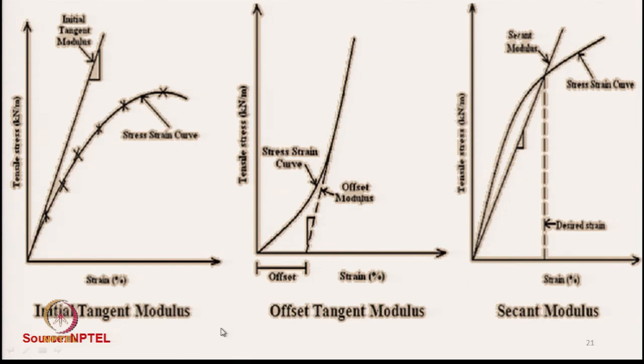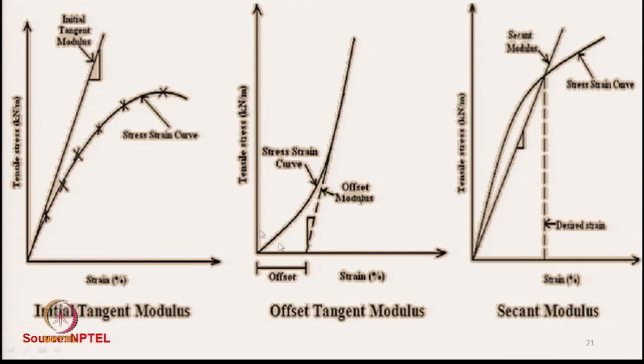So, these are the different stress strain curves. This curve on the left side shows the initial tangent modulus. This is the actual stress strain curve. If we take the tangent, from there we can calculate the initial tangent modulus.